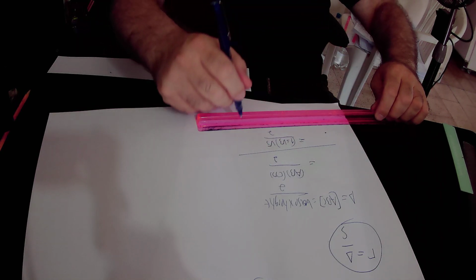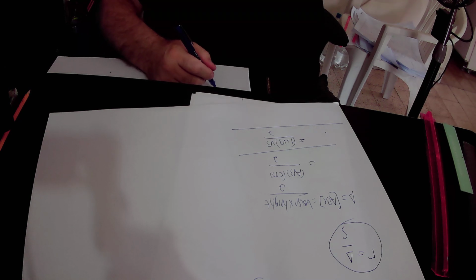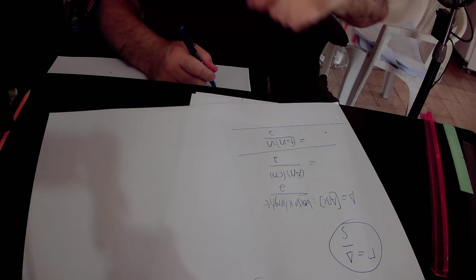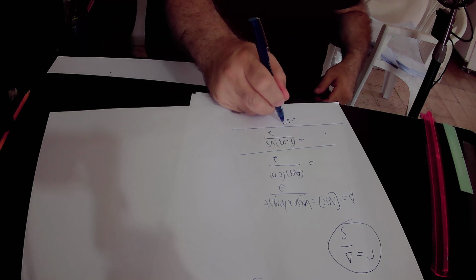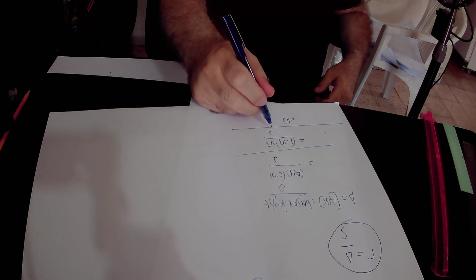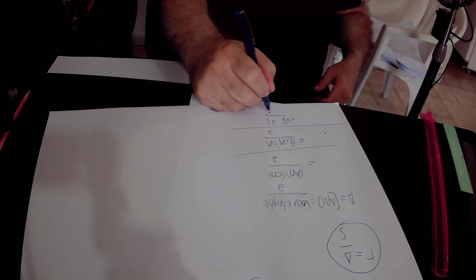So here we'll open the brackets and we get that square root of 3 times 1 is square root of 3, plus square root of 3 times square root of 3 is 3, over 2.